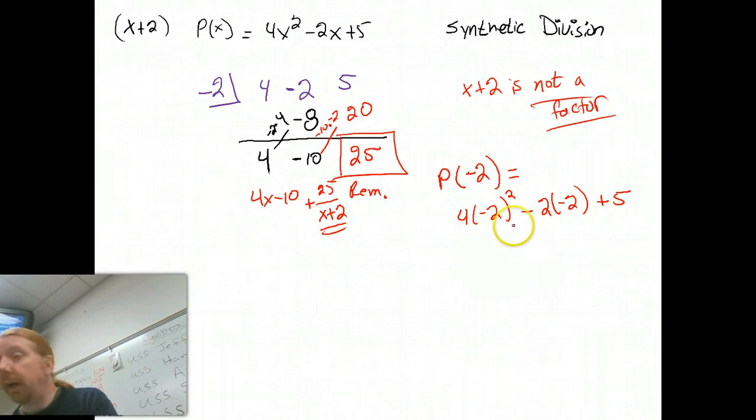That would be evaluating p at negative 2. So that's going to be 2 squared is 4 times 4 is 16. Negative 2 times negative 2 is 4. 5 is 5.